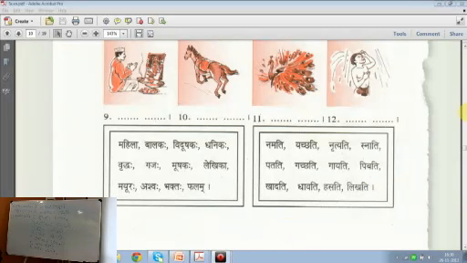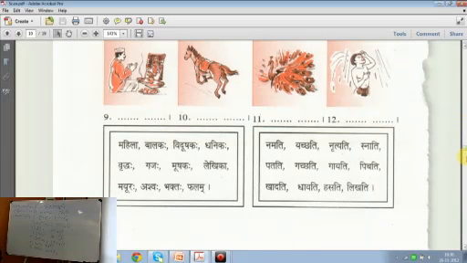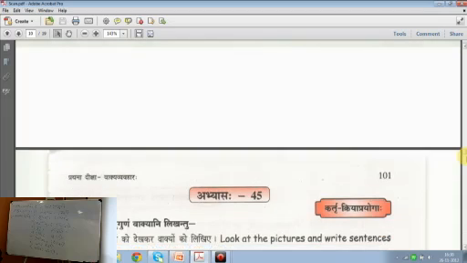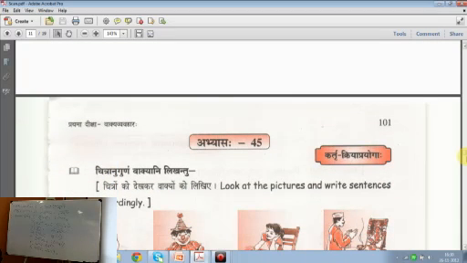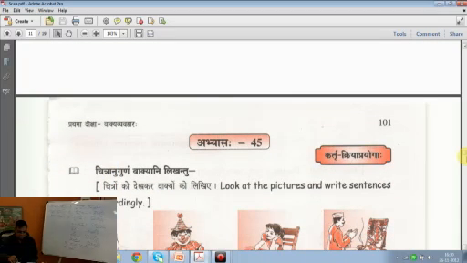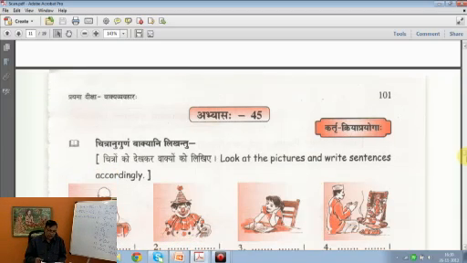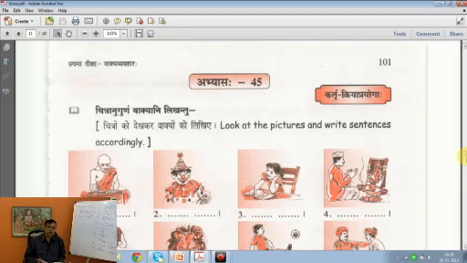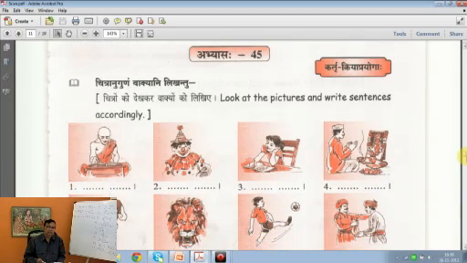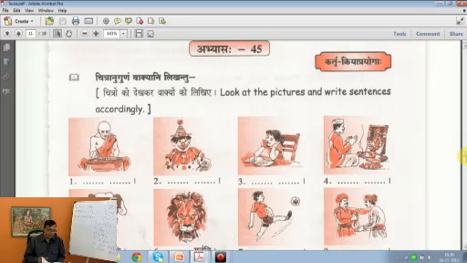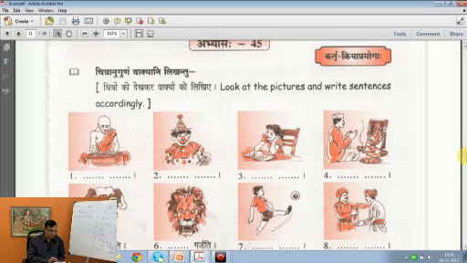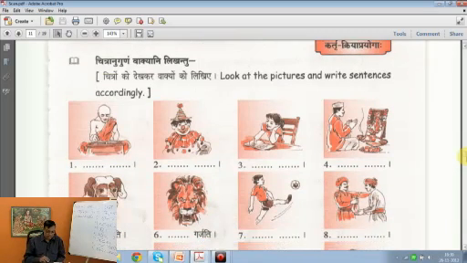Abhyasa 45. Chitranugunam vakyani likhantu. Again you are making sentences. Here also the study is kartru kriya prayoga, the usage of the karta, that is the subject, and the verb. Subject and verb matching usage. So let us go here.